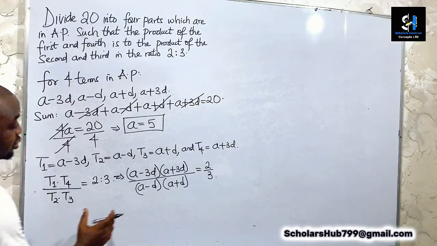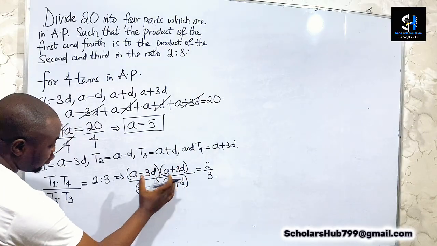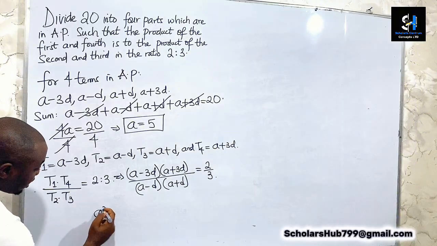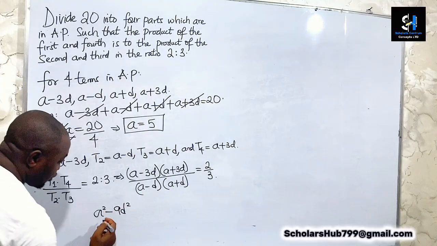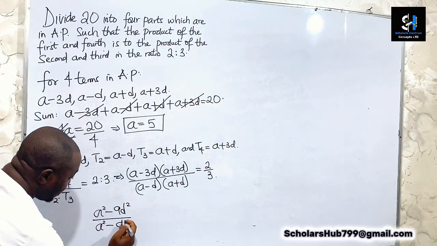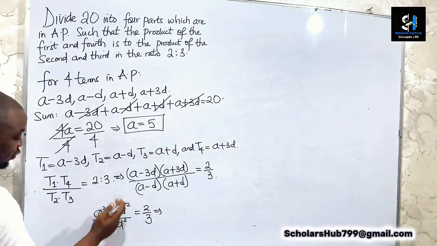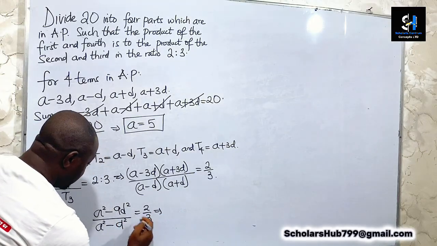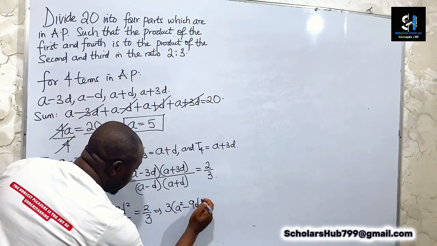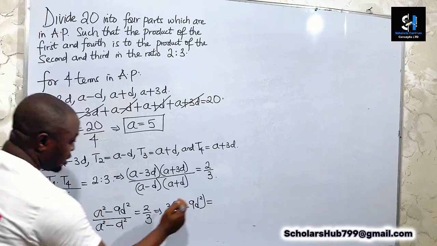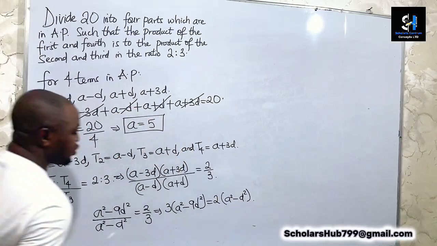In this case we can see that we have a difference of 2 squares. That will be a squared minus 9d squared, and this also will give us a squared minus d squared, and this equals 2/3. If we cross multiply, this will be 3 parentheses a squared minus 9d squared equals 2 parentheses a squared minus d squared.